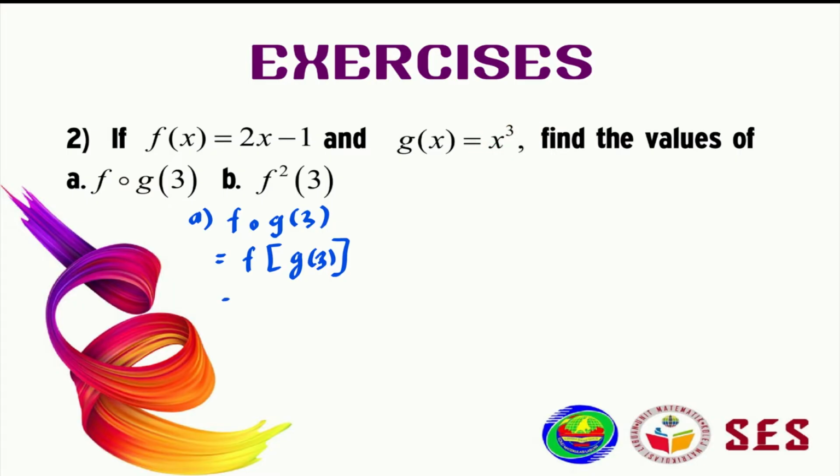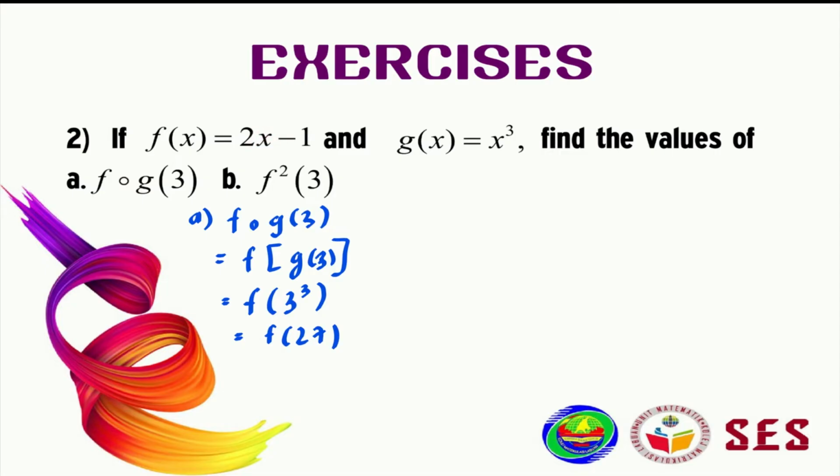When we substitute 3 into the function g, we obtain 3 cubed, which is 27, and this f(27) means that we need to substitute this 27 into the x of f(x).